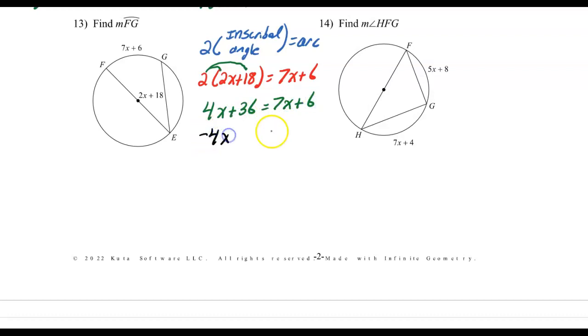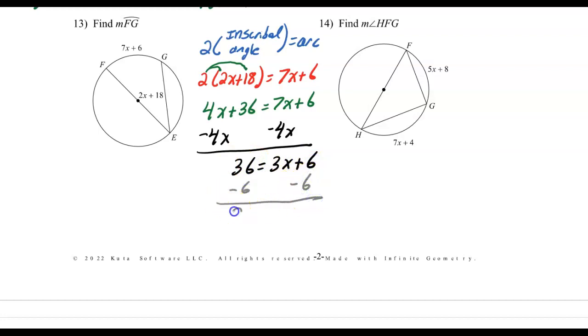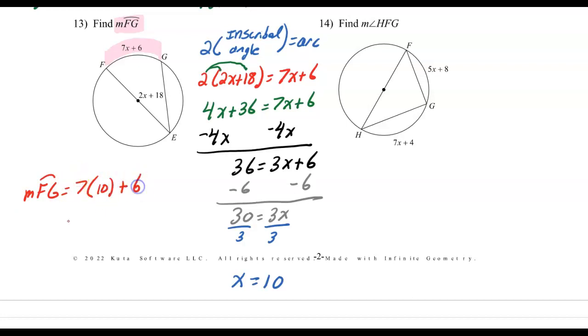We'll subtract 4x from both sides. 36 is 3x plus 6. Subtract 6. 30 is equal to 3x. And when we divide by 3, we get x to be 10. Now I want arc FG, so that means I need to plug that into the 7x plus 6. So the measure of FG is 7 times 10 plus 6, which is 76 degrees.